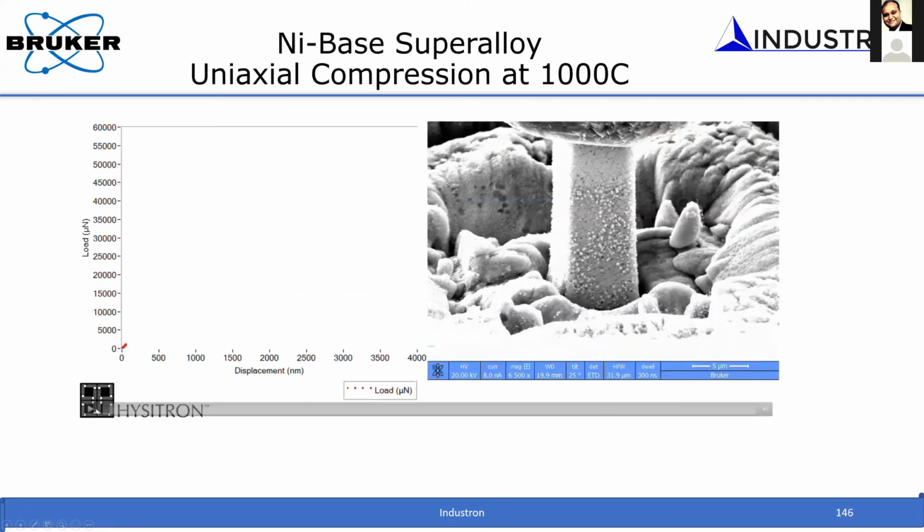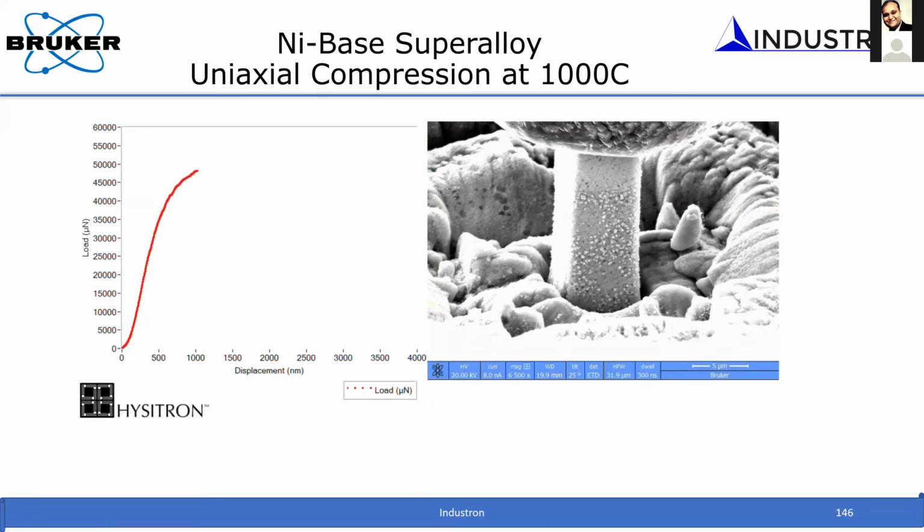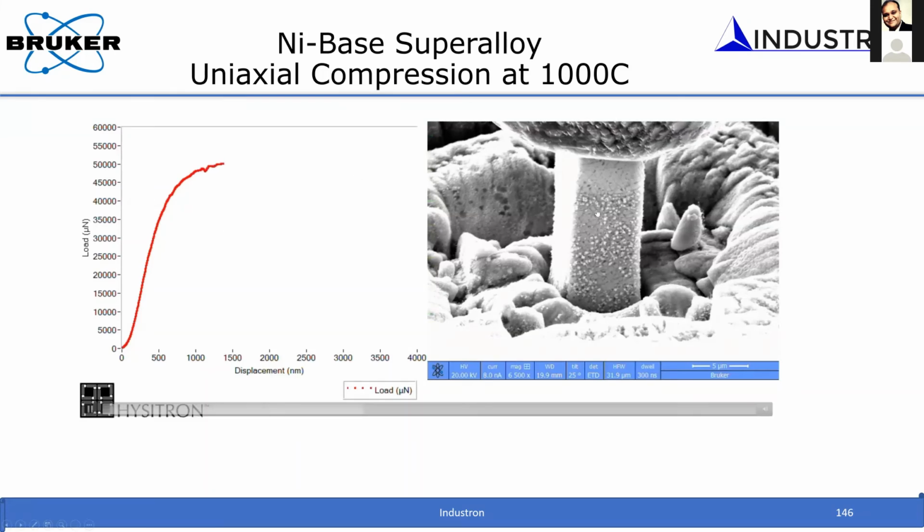And this particular video I'm going to show you was done at 1000 degrees C, and we figured out a way to image it without any thermionic electron problems. The image is pretty nice, and you can also get this nice load displacement curve. From that, you can get the stress strain response.